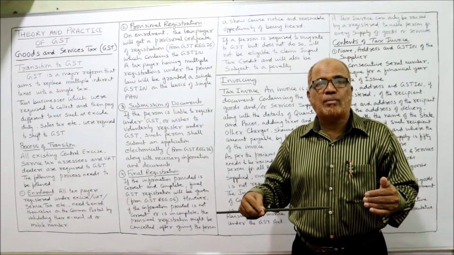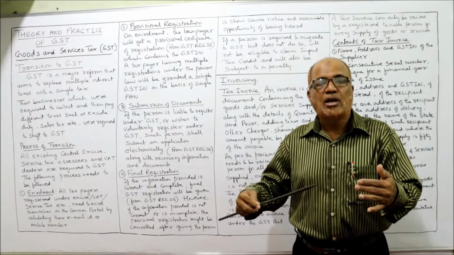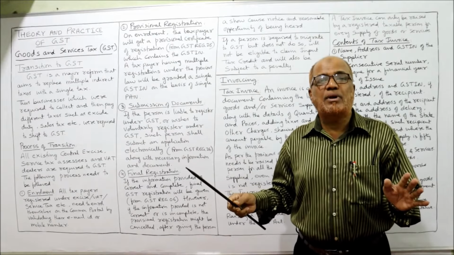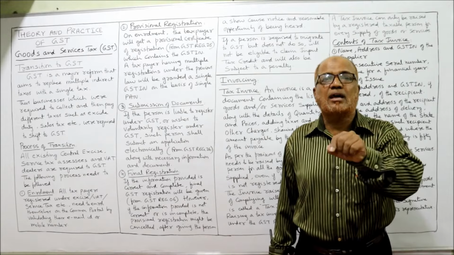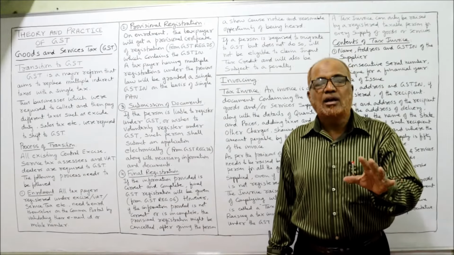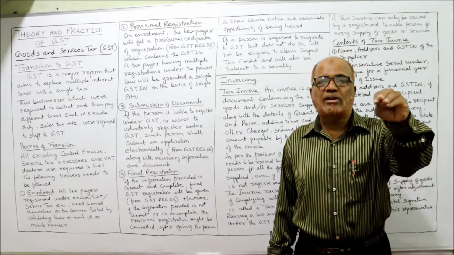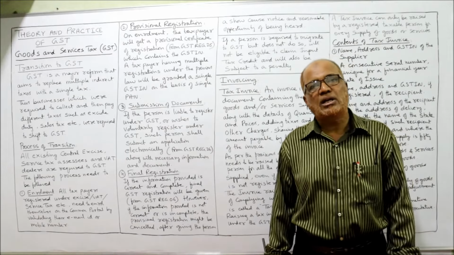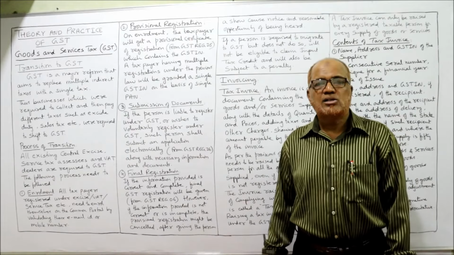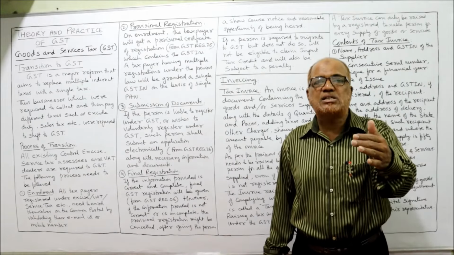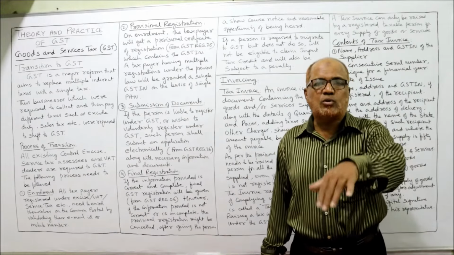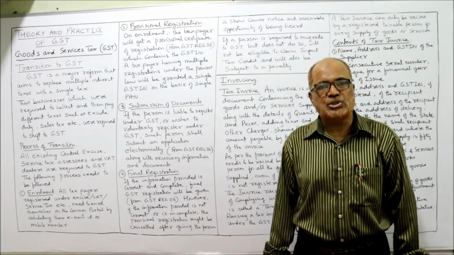Supply the necessary information, and we will make the final registration. If he is unable to submit the complete information, then only the proper officer can cancel the registration. Otherwise, the applicant should be given a reasonable opportunity of being heard. So these are the 4 steps in the process of transition from the old system to new system of GST.